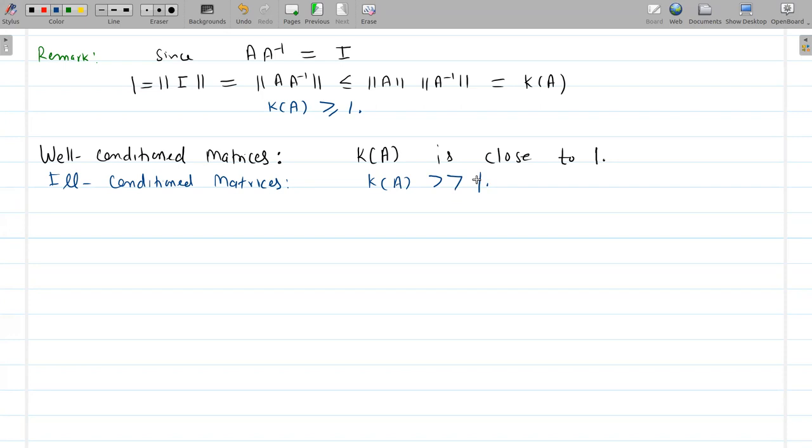So conditioning in this context refers to relative error: if this number is large, then relative error will be large, and if this number is small, relative error will be small. Also, when the condition number is very large, this is an important point.